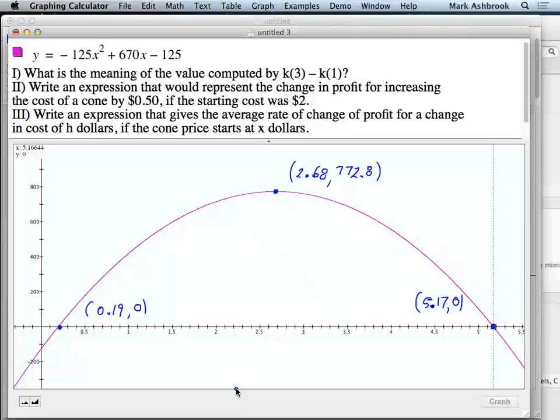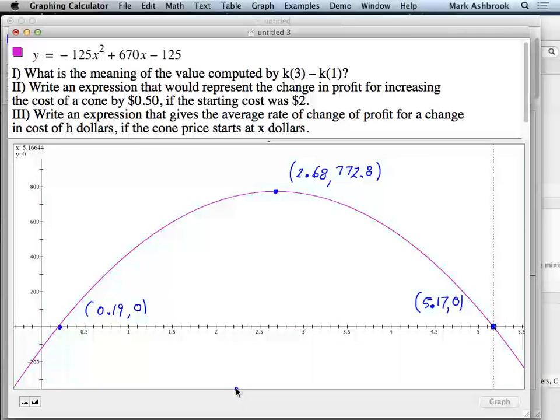You subtract the maximum profit price from... So what would you tell me the numbers? 268 minus. Right, so you take the price at the max profit, 268, and you'd subtract the break-even price of 19 cents, and that would be the increase in price corresponding to break-even to max.